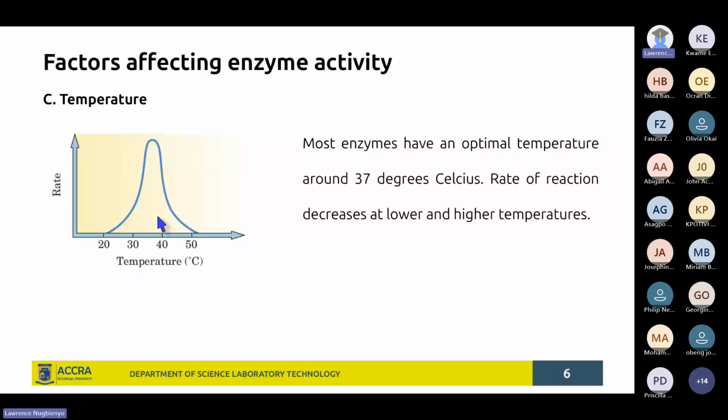At the time, you're heating the mixture to over, say, 60, 70 degrees Celsius.